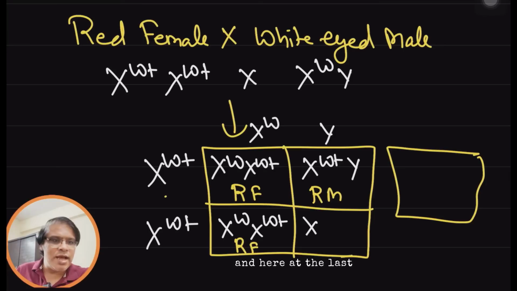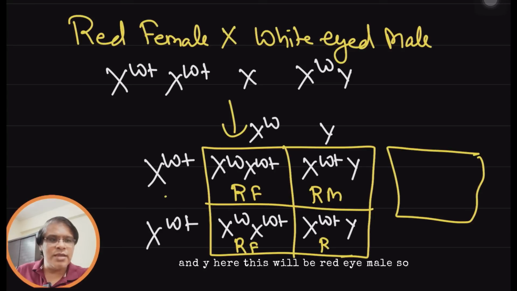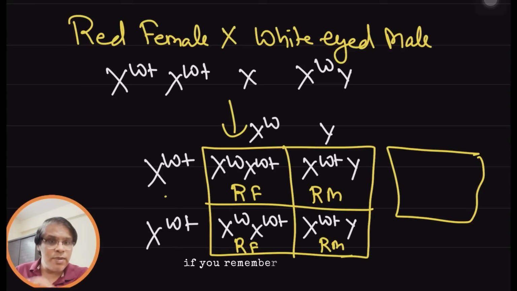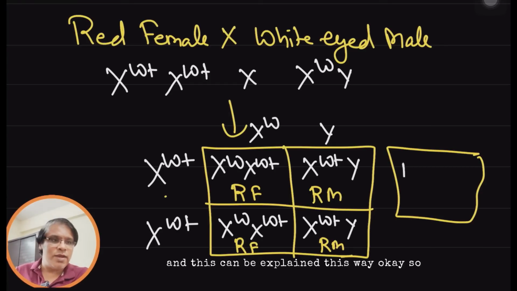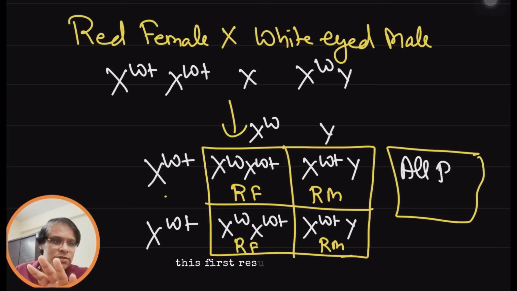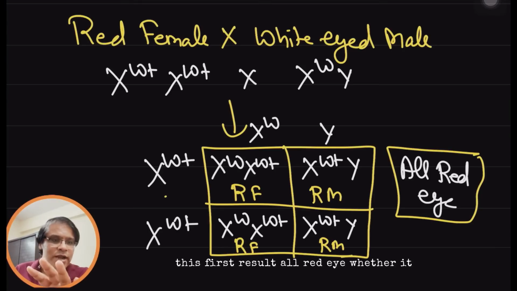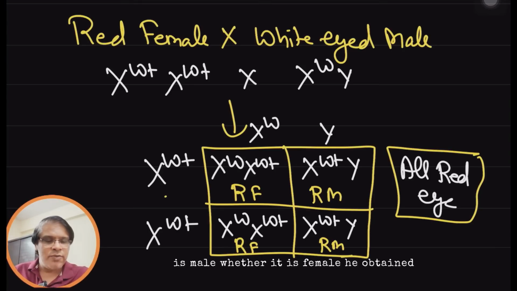And at the last we are going to see X^W+ Y, and this will be a red eye male. So if you remember, in the F1 generation he got all red eye, whether male or female, and this first result can be explained in this way.